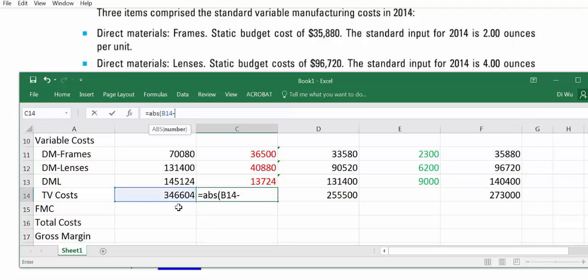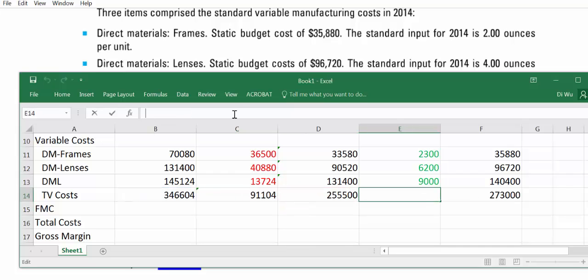Once again, this is the actual versus the flexible budget, not the static budget. It's always the left minus right, and I've got the absolute value there. So I have 91,104.